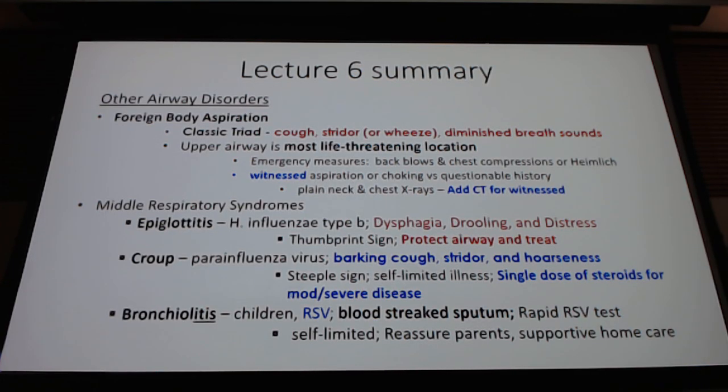Croup goes with our parainfluenza virus. That's the most common correlation. So: bark, seal. We are just below the epiglottis, in that laryngeal area, so that's going to change the sound coming out to more of a seal bark. That's what parents usually bring their kids in for, because it starts as a normal viral illness.